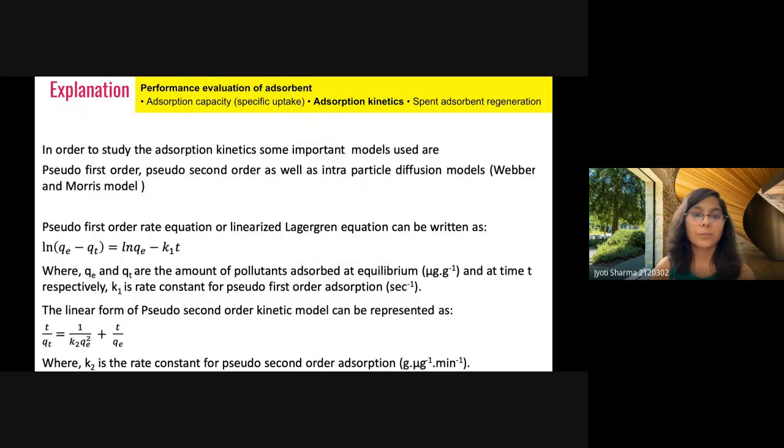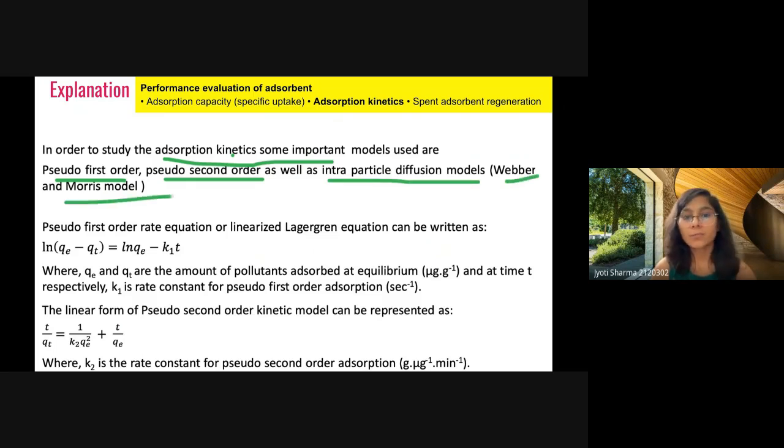Okay, so this is where we can see it. We have some important models for adsorption kinetics, and these models are the pseudo first order model, the pseudo second order model, and we also have some intraparticle diffusion models, for example, the Weber and Morris model. So you just need to remember the names of these models.